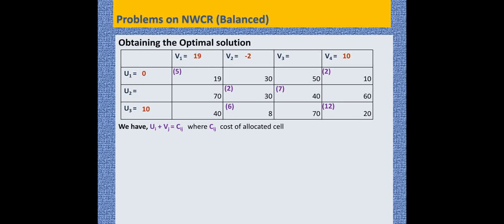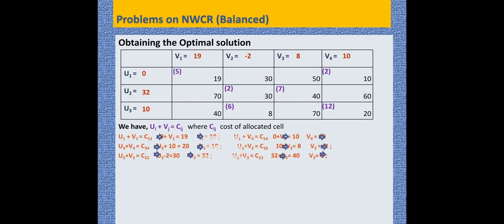Similarly v2 is minus 2, that is u3 plus v2 is equal to 8, so v2 is equal to 8 minus 10, that is minus 2. Similarly it is 32. Why it is 32 means u2 plus v2 is equal to 30. So v2 is known here, so u2 will be 30 plus 2, 32. Similarly v3 will get 8. So how I got the values I have written here, just go through this.